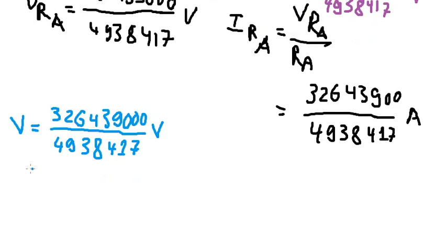Now we can find the current of the blue one. That's U divided by R, or V divided by R, sorry.